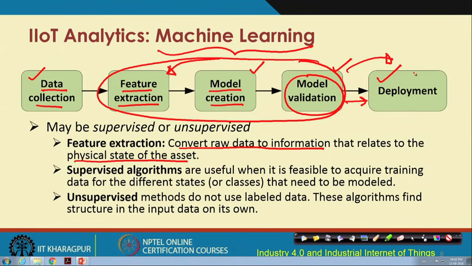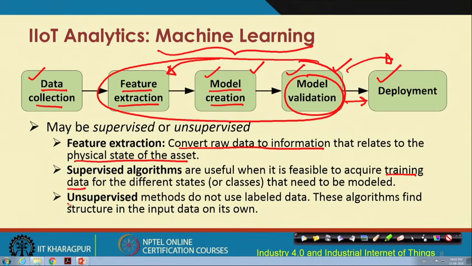In supervised, in a nutshell, I can tell you that supervised algorithms of machine learning are the ones where there is some kind of training data of different sets already available, and you use that past historical training data in order to come up with your models. So, models will be created based on these training data, and then these models could also be validated using other sets of data. So, supervised learning basically uses training data.